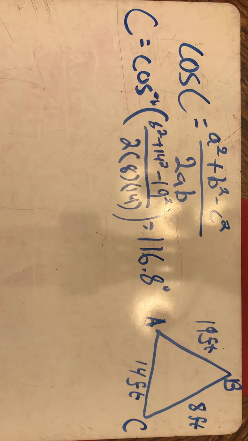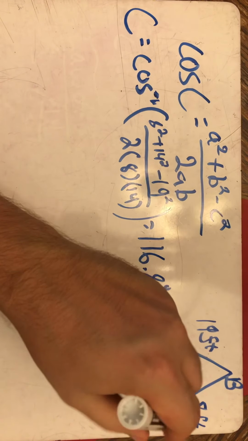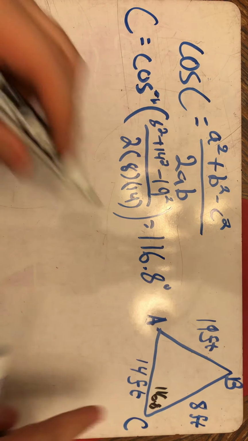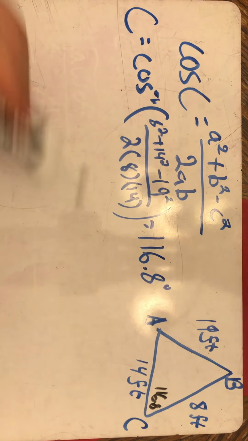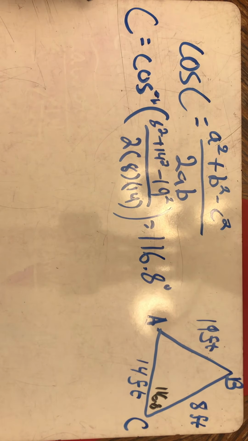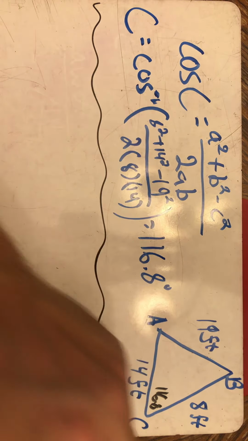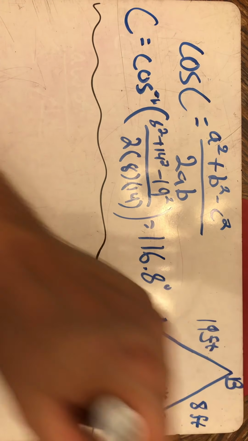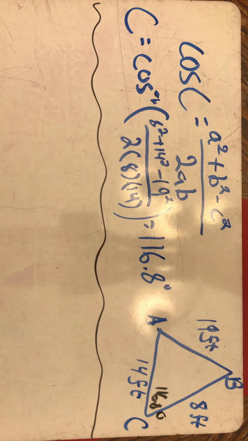So now that we've got 116.8 for C, we have a matching pair. I'm going to use that matching pair to help me find B next, because that's the next largest one. 116.8 is obviously the largest. You can't go any bigger than that on a triangle because then you'd be more than 180 degrees.